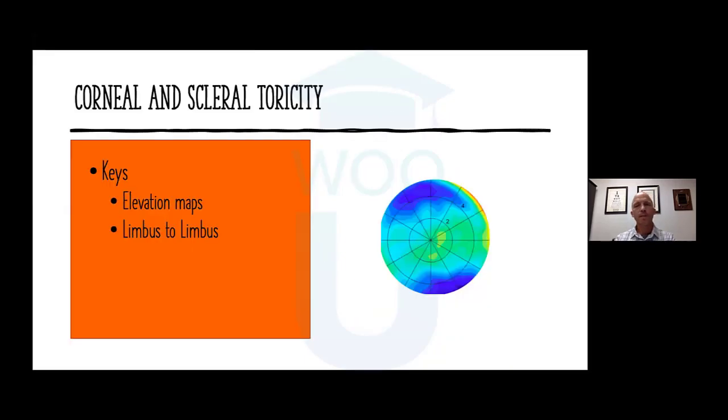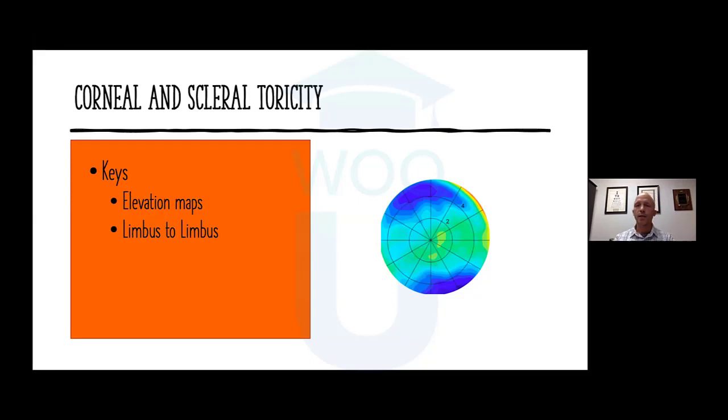This is what I see in my practice, but there are a couple of key points here. To the right is an elevation map of the cornea, out to 12 millimeters. You can see these blue areas out towards the limbus. We're going to talk about this more, but these blue sections represent areas of steepness, or increased sagittal height.